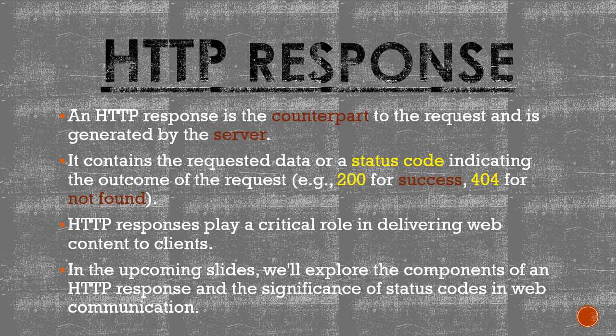Now, this response can contain the requested data or information about the outcome of the request. This information can be in the form of status codes. The HTTP status codes carry the required data or a status code that indicates the outcome of the request. Some of the popular status codes include 200 or 404.